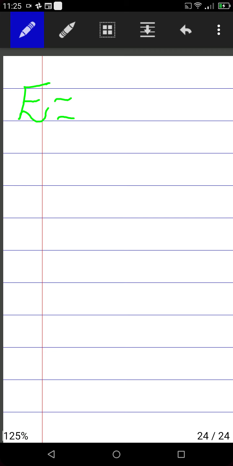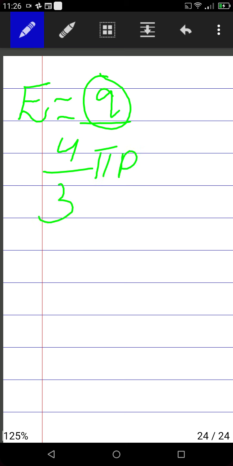E is equal to, in place of rho, what can we write? Q by, here this Q is the whole charge, not the small part we considered. This Q is the charge distributed on the whole insulating sphere, and this is 4 pi r cube, into what we got, small r by 3 epsilon naught.